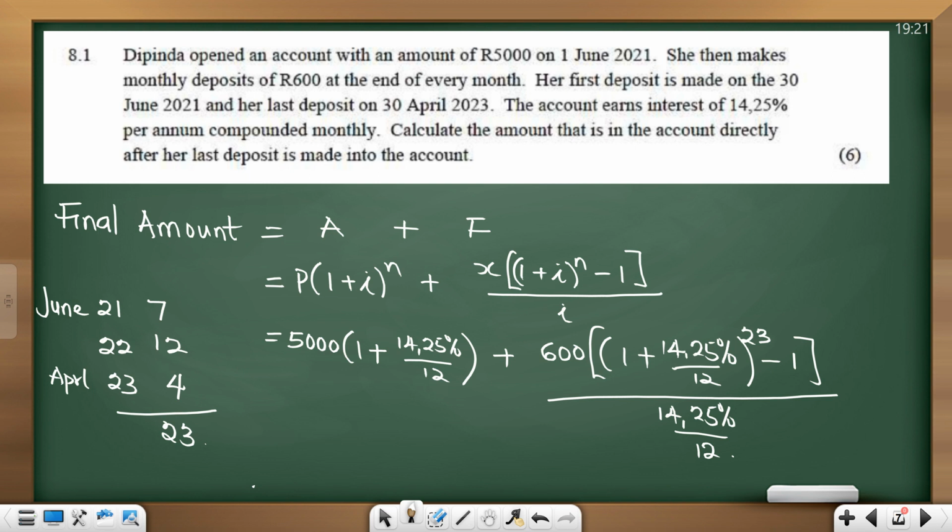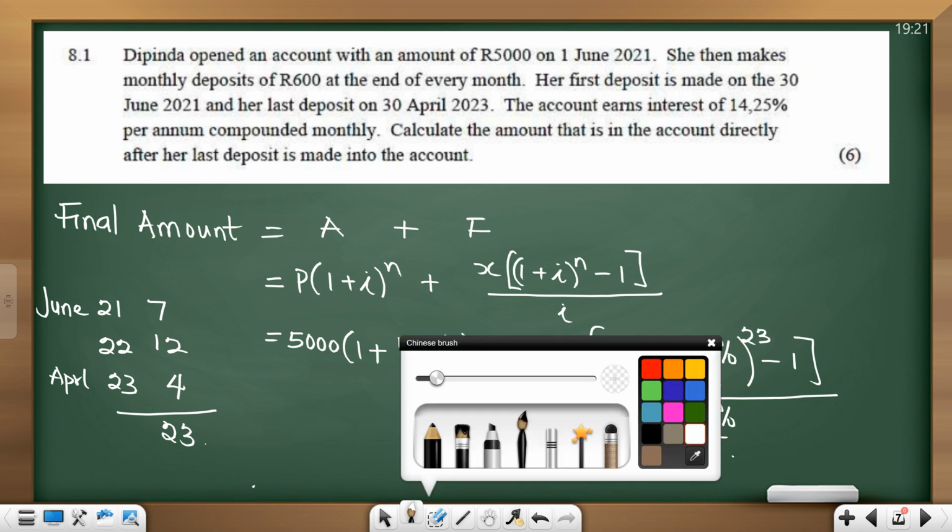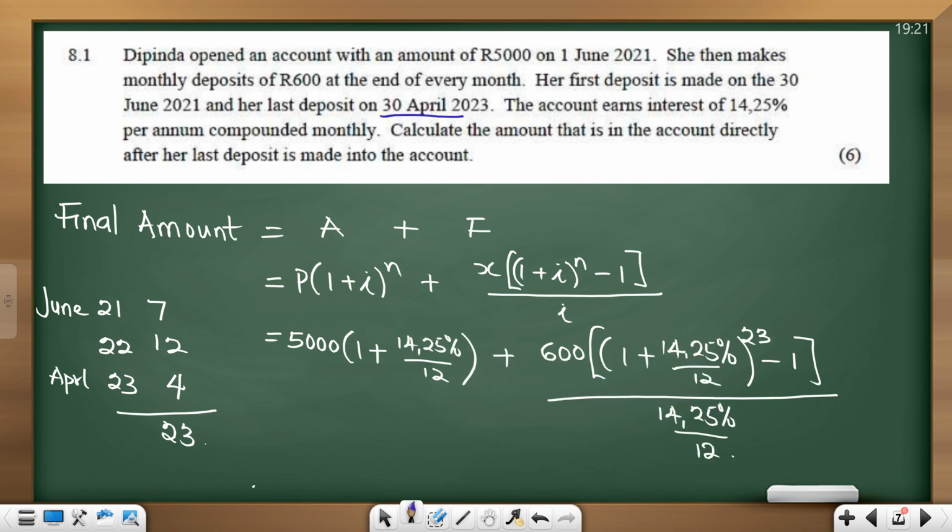Okay, if it grows at the end of the month, how many months? We stopped at April still. We started at June, right? So it grows at the end of June, which is still growing 7 times in the year. Does that make sense to you? It grows at the end of the month, fine. But how many months? That's why check. Look at the date. This is the end of the month.